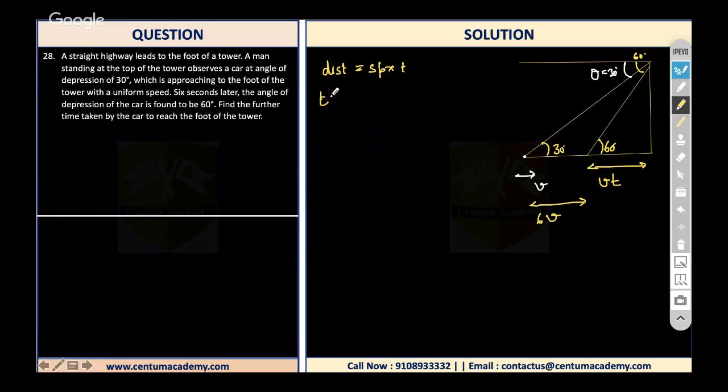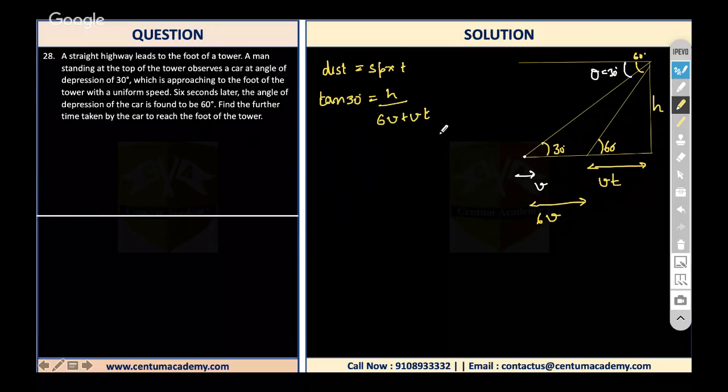So tan 30, let's say this is h. I'm not writing the steps. While in the exam, please don't forget to mention whatever you are assuming. So tan 30 is h upon 6v plus vt, right?